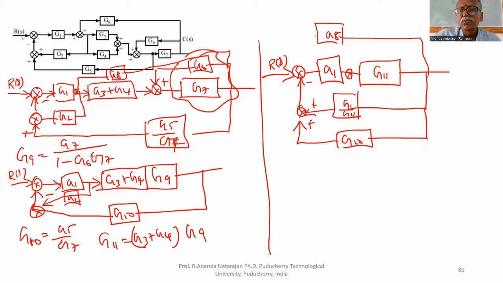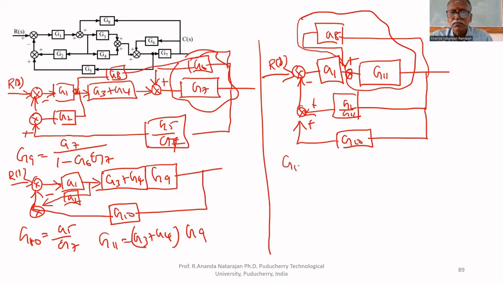Between these two, one feedback is there, that is also positive. Now we can find G13. G13 equals G11 upon 1 minus G11 G8.